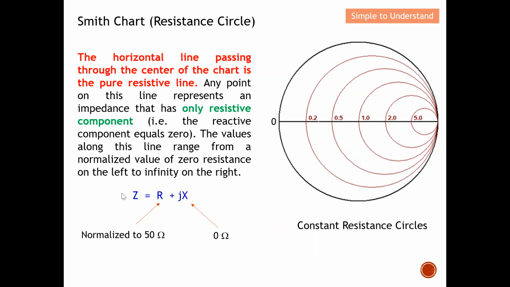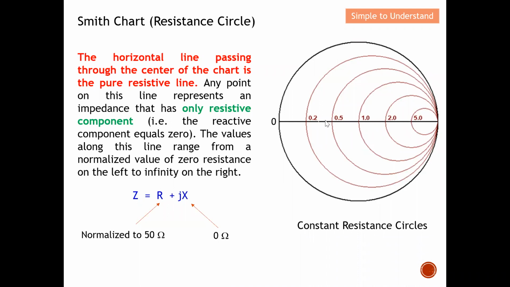So basically, this is what I mentioned earlier: this is equal to 0, this is the resistive part, and it will be normalized to 50 ohm. So this is what we call a constant resistance circle. You can see from here, this is the line that passes through here.